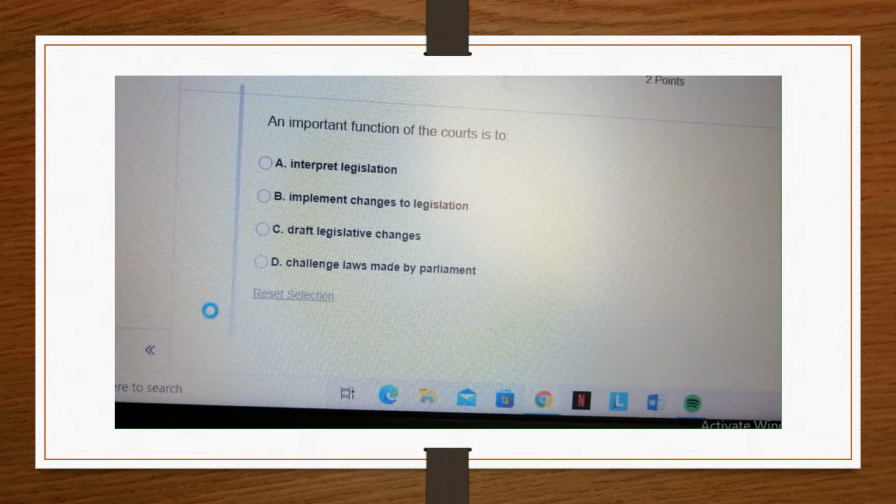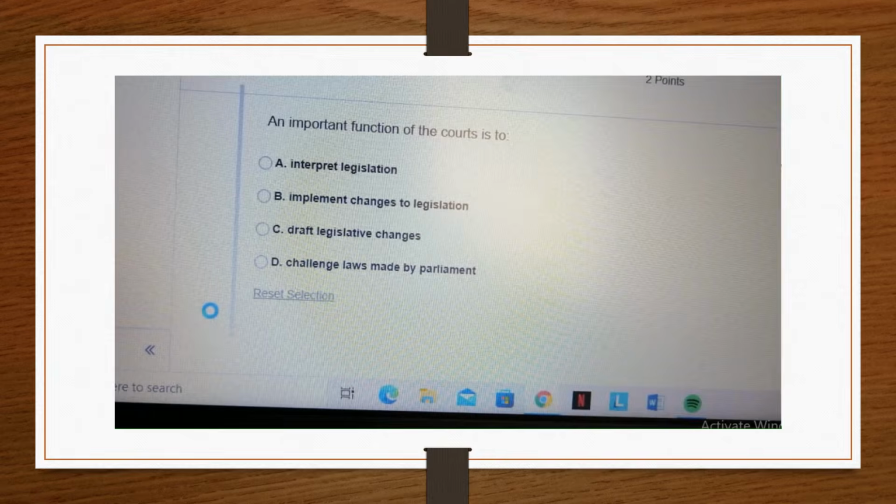Question 5. An important function of the court is to, the answer is A, which is to interpret legislation. I did not find that in the guide, but I'm sure it's somewhere there, but it's something that I automatically know. The courts, or the judiciary, do not implement changes to legislation.